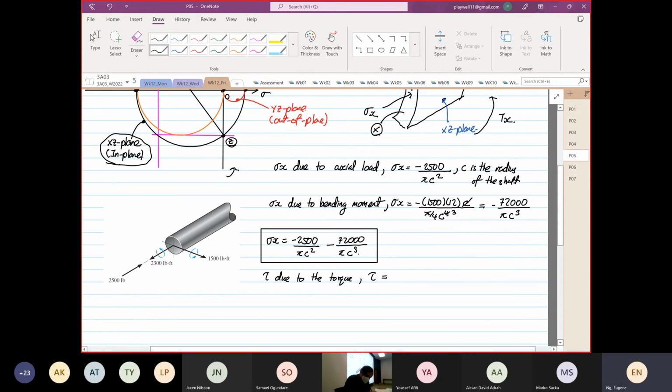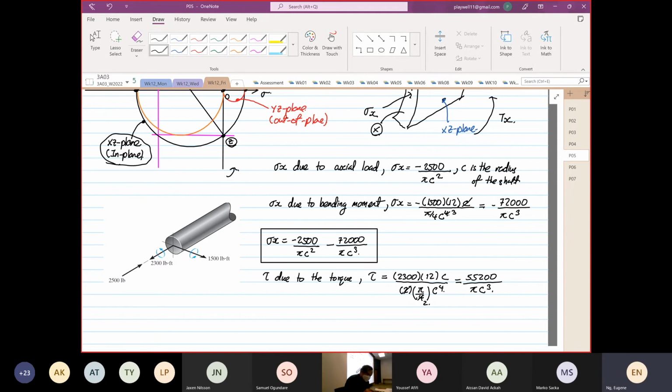We are looking at 2300 multiplied by 12, multiplied by c, then we divide by pi over 4 c to the power 4 times 2. So this and this cancel is 2. So 2300 times 12 times 2 is equal to 55200 divided by pi c cube.